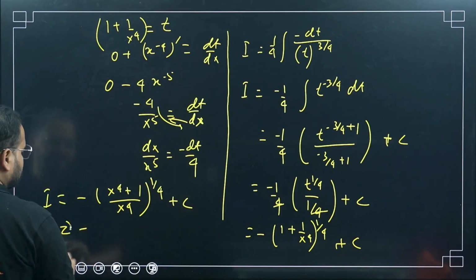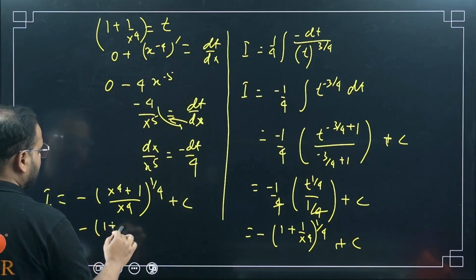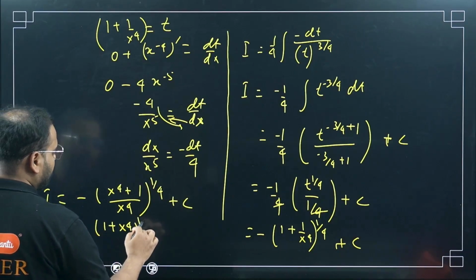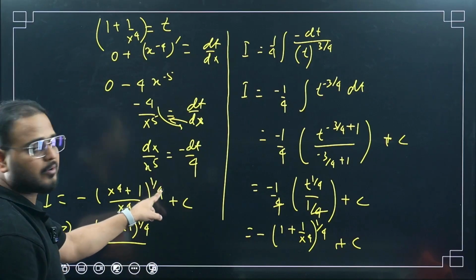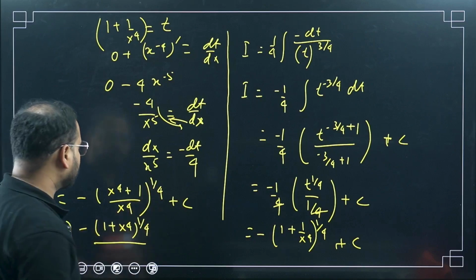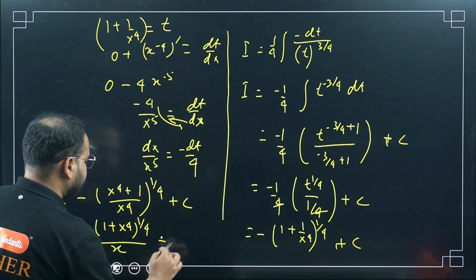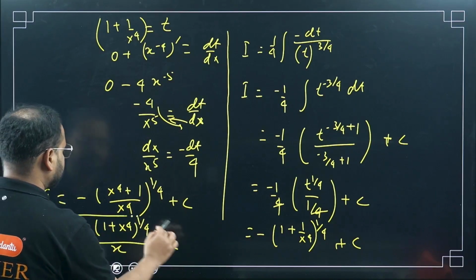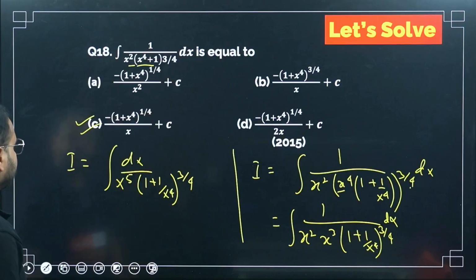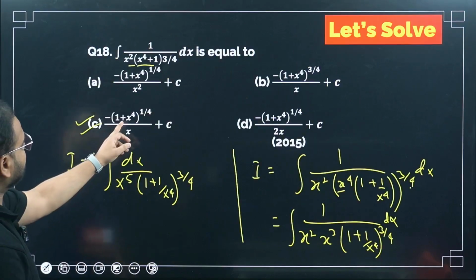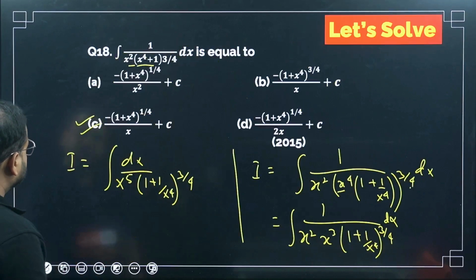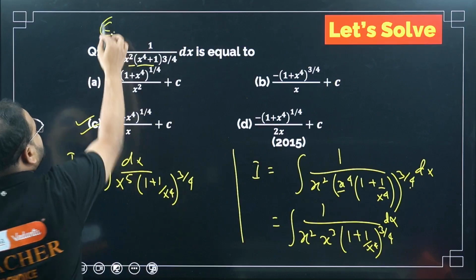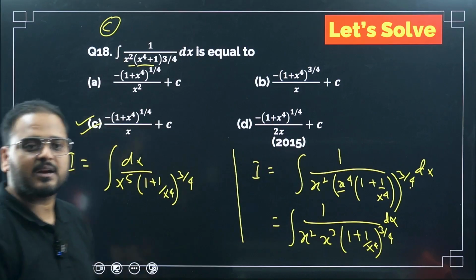I get minus of 1 plus x power 4 with the power 1 by 4, and when you separate the denominator, x power 4 to the power 1 by 4 is simply x. My final answer: minus 1 plus x power 4, to the power 1 by 4, upon x. Yes, so option C is correct. Simple. C is the correct answer.